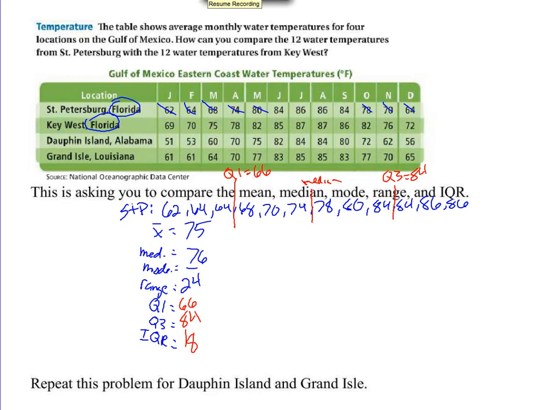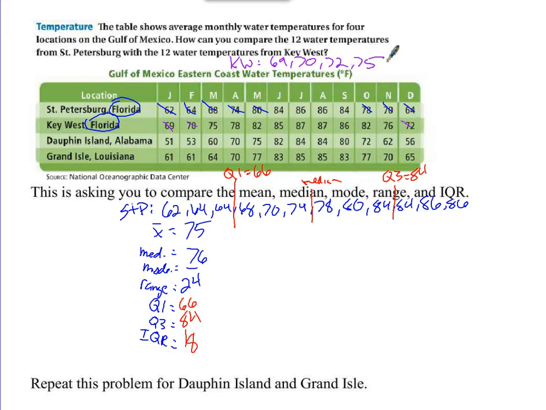Now we need to do the same thing for our other city, Key West. So what should I do first? Order them. The lowest number is, so I'll go with KW for Key West, and we have 69. What else? A 70, 72.